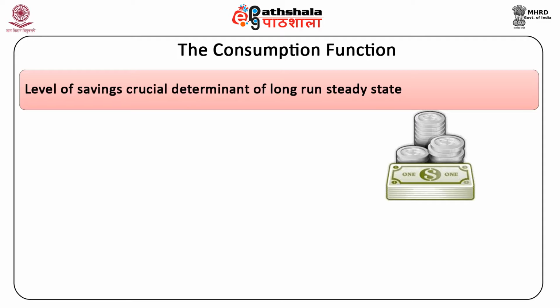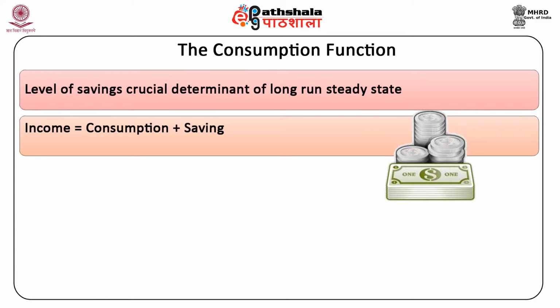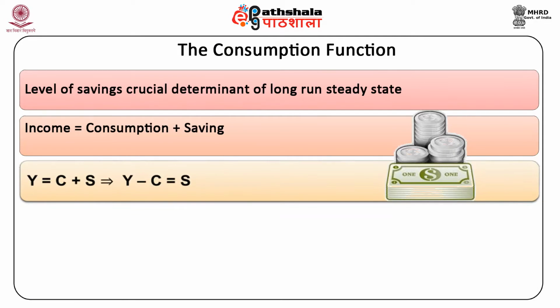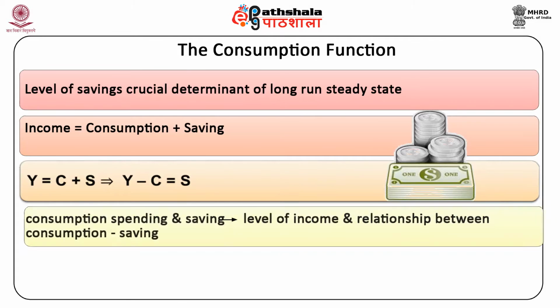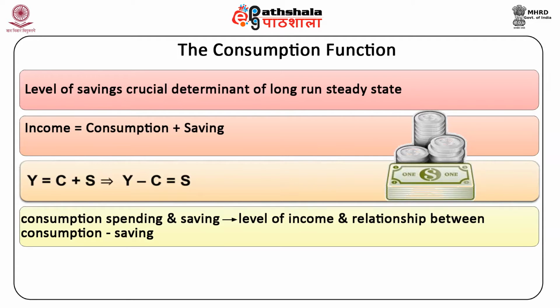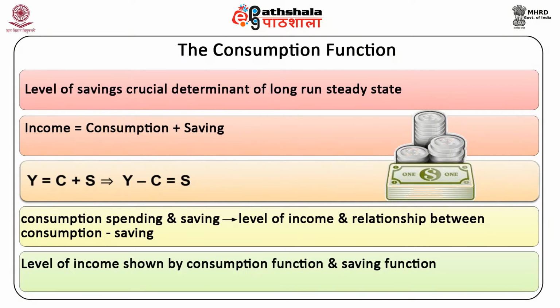Thus, we can say that income equals consumption plus saving. Y equals C plus S, or Y minus C equals S. Both consumption spending and savings are explained by the level of income, and the relationship between consumption, saving and the level of income are shown by the consumption function and the saving function respectively.